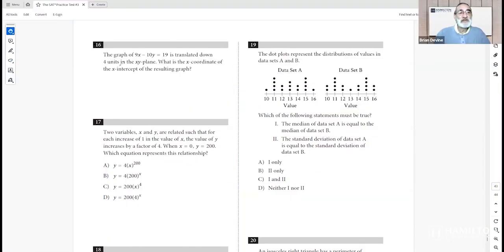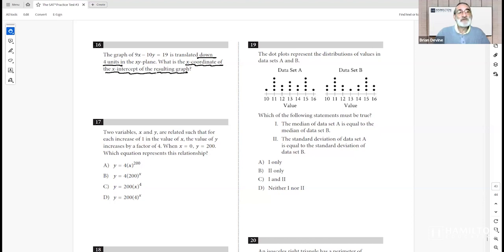Question 16. The graph of 9x minus 10y equals 19 is translated down by 4 units. And I want to know what's the x-coordinate of the x-intercept, which is where y equals 0.